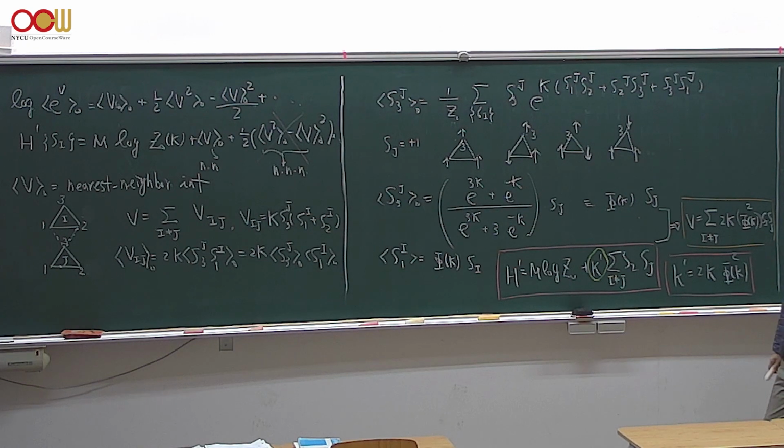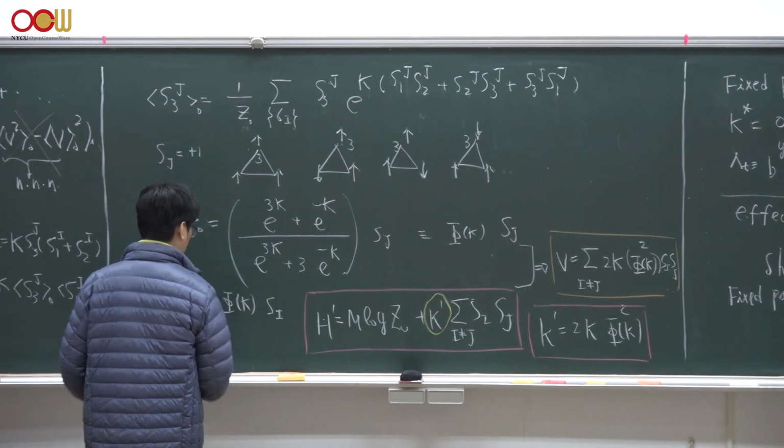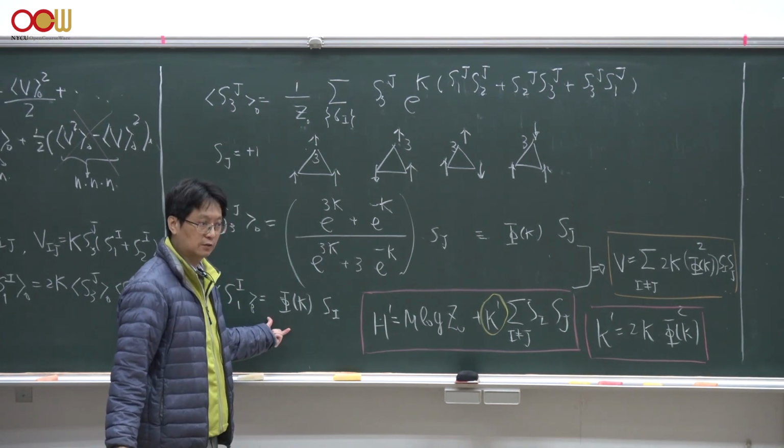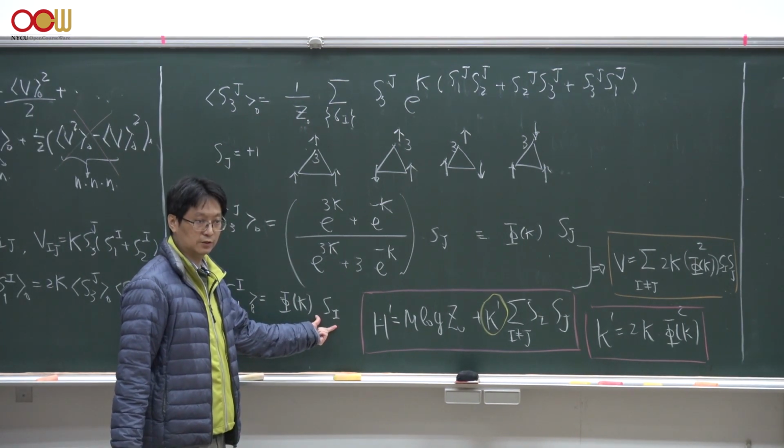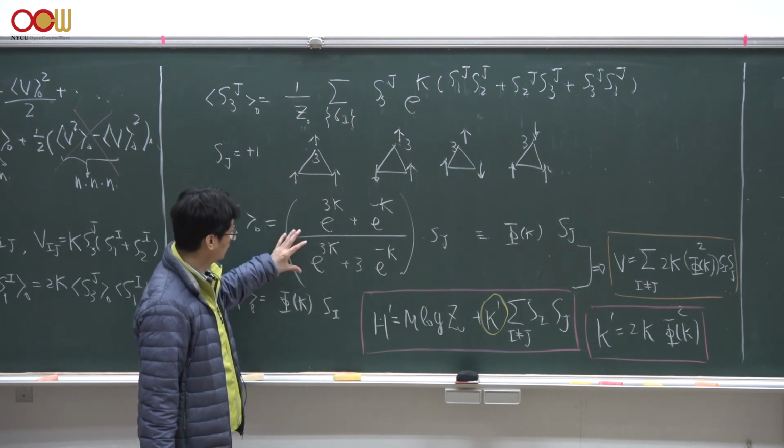And likewise, this S1I, 0 here, ensemble average, is given by the same factor 5k multiplied by Si. So you could combine these two and take the product of these two results.